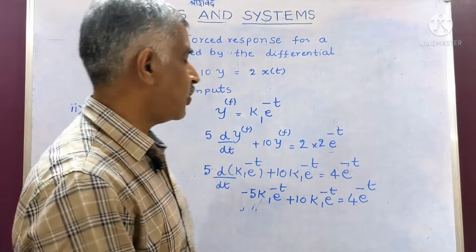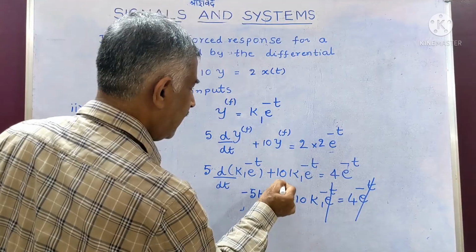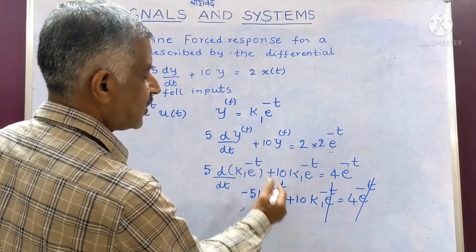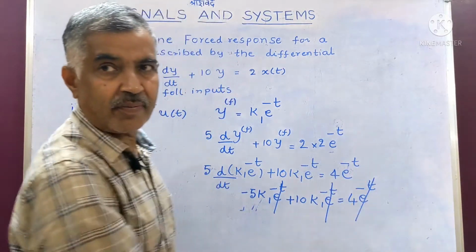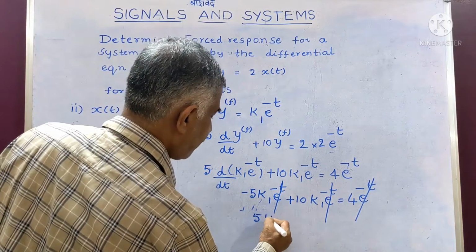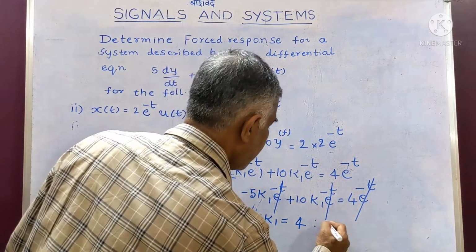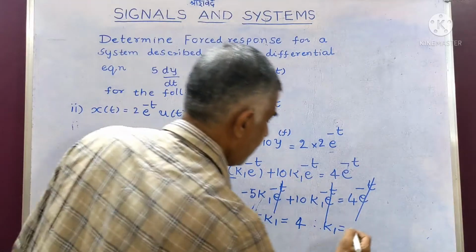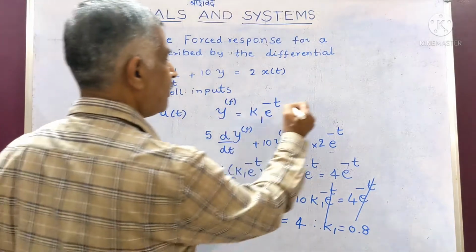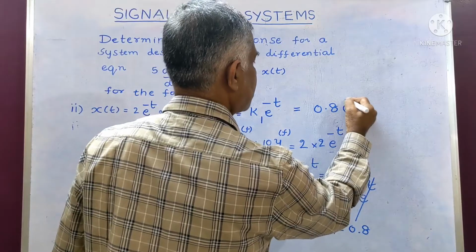One can cancel the exponential term, since all the terms have it. What is left over? e power minus t on the left hand side cancels with e power minus t on the right hand side. So what is left over? 5k1 is equal to 4. Therefore, k1 is equal to 0.8. Therefore, the forced response is 0.8 e power minus t.